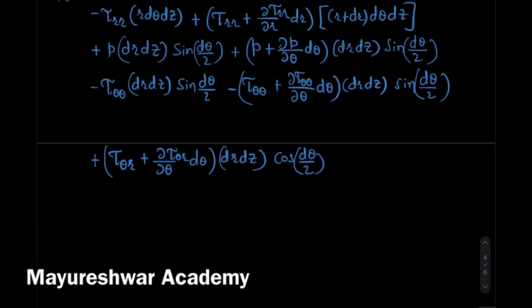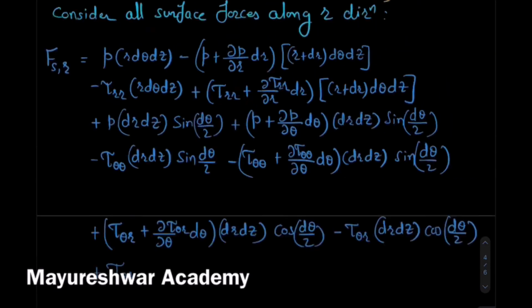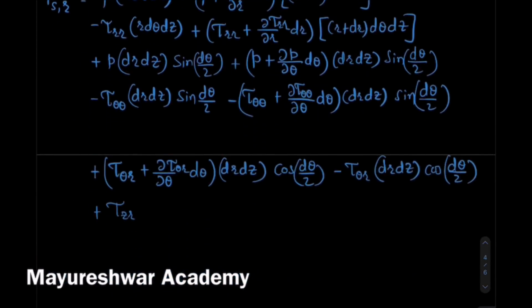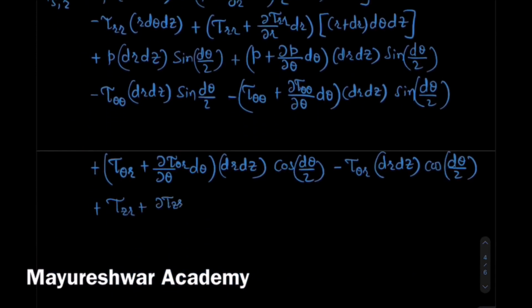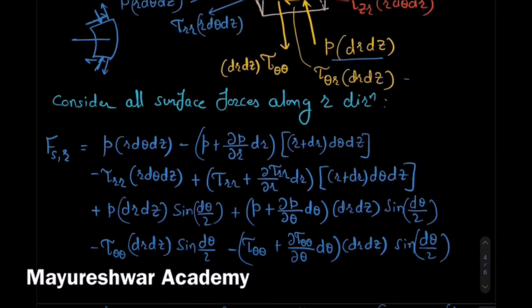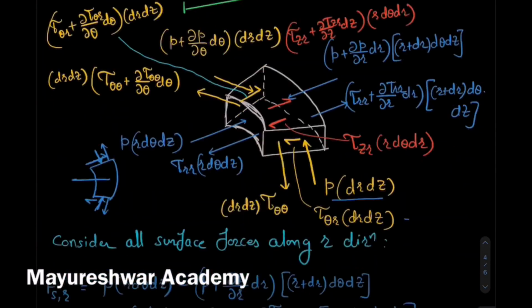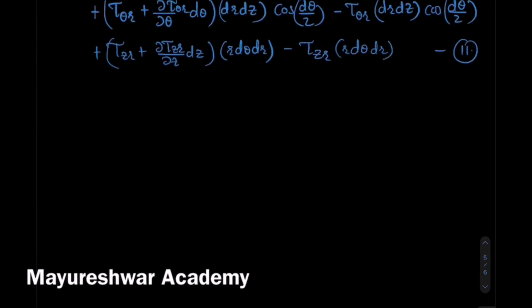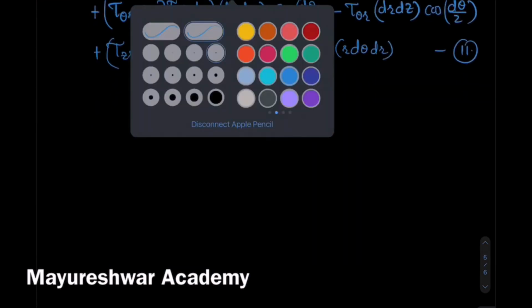So this is going to be cos of d theta over 2, minus tau theta r into dr dz, again resolved along r direction, which is cos of d theta over 2, plus tau z r on the top face, its rate of change along z direction multiplied by dz into r d theta dr, minus tau zr into r d theta dr. So these are the components which we need to consider while formulating along r direction. So let it be equation 11.